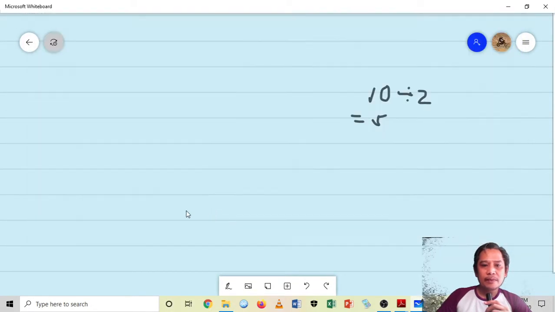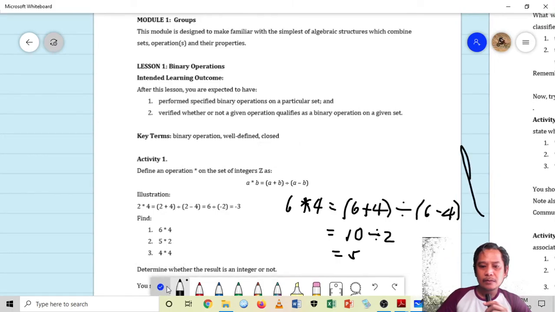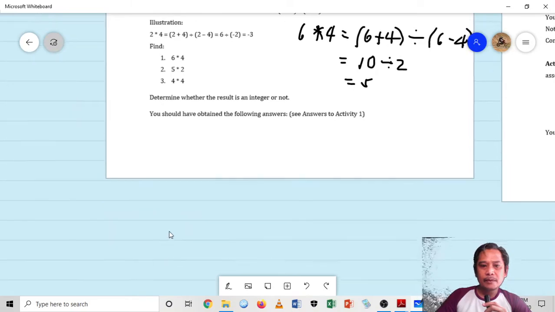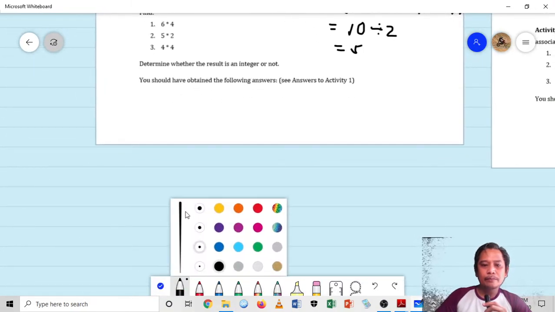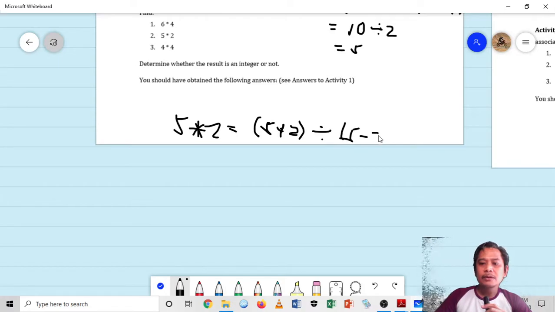Number 2, we have 5 operation 2. So 5 operation 2 will be equal to 5 plus 2 divided by the difference 5 minus 2.